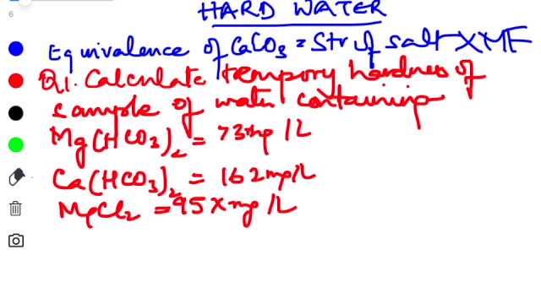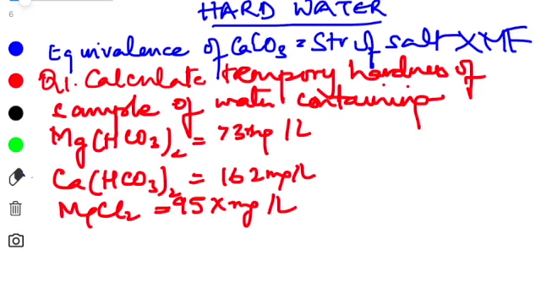So, in our previous video, we discovered and learned about what is hard water and why we are not able to form lather with soap. After that, we came to the platform that whenever we express the hardness, we have to do it in terms of equivalence of calcium carbonate, and there were basically two reasons for it. One was that its molecular weight is 100, so that makes it easier for the calculations, the numerical value.